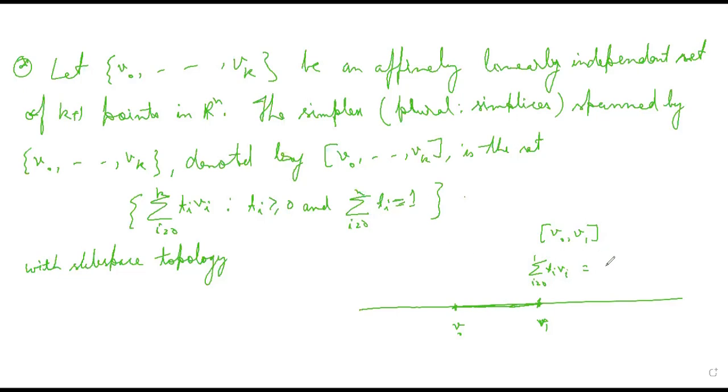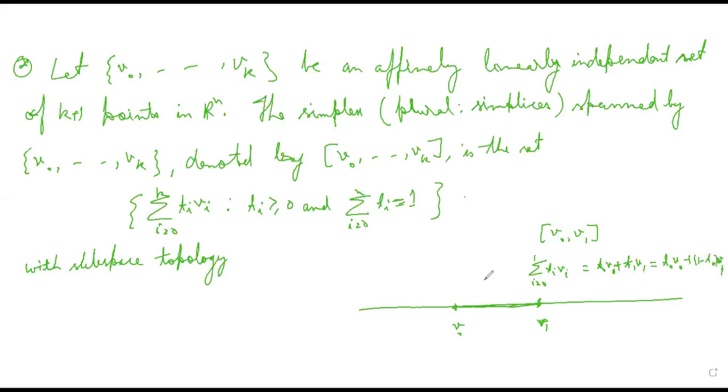So you can write this as T naught V naught plus T1 V1, which is T naught V naught plus 1 minus T naught V1.